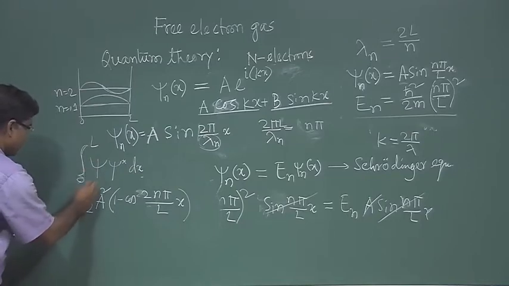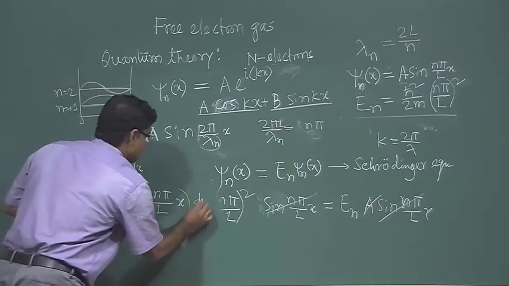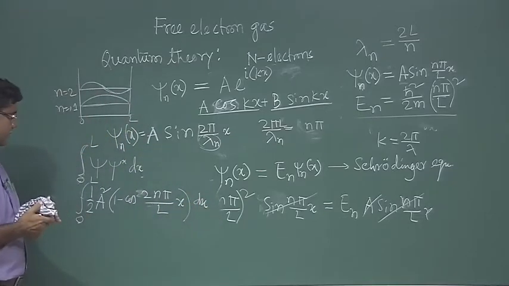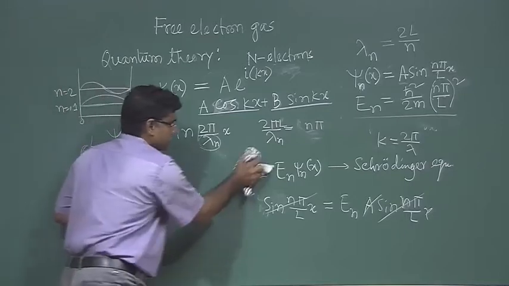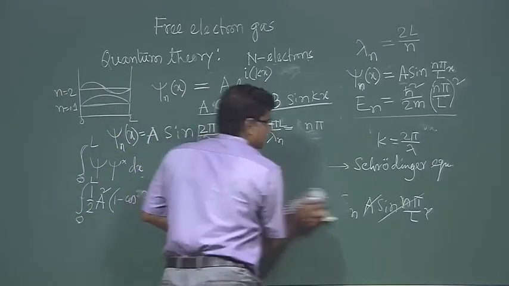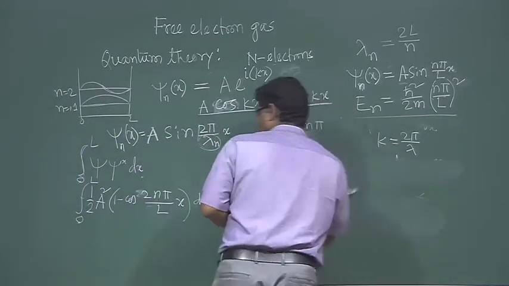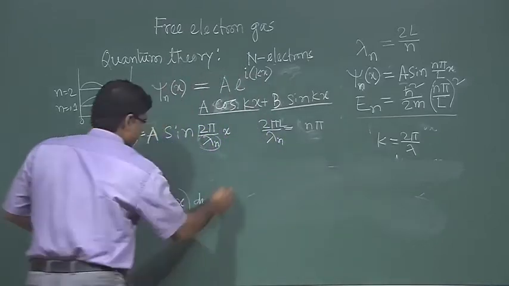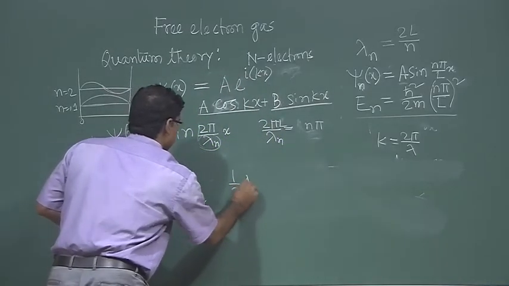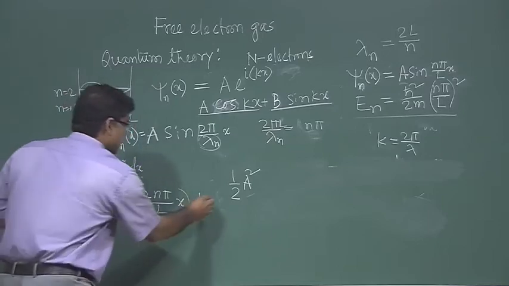So, your integration is 0 to L, dx. If you do it, what will you get? Half A square, and it has to be 1.